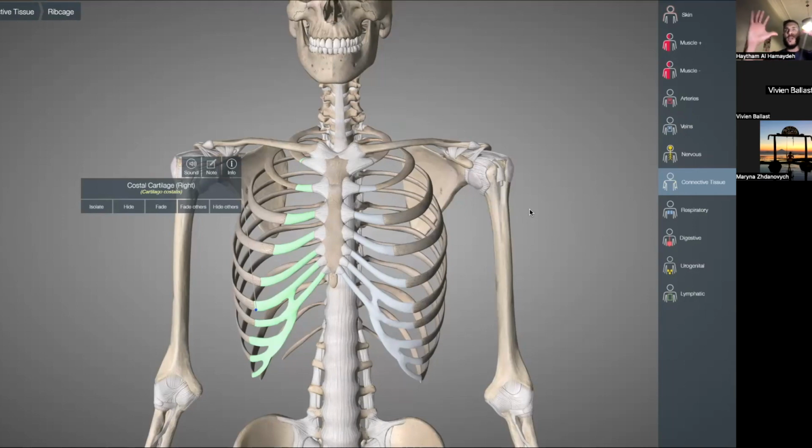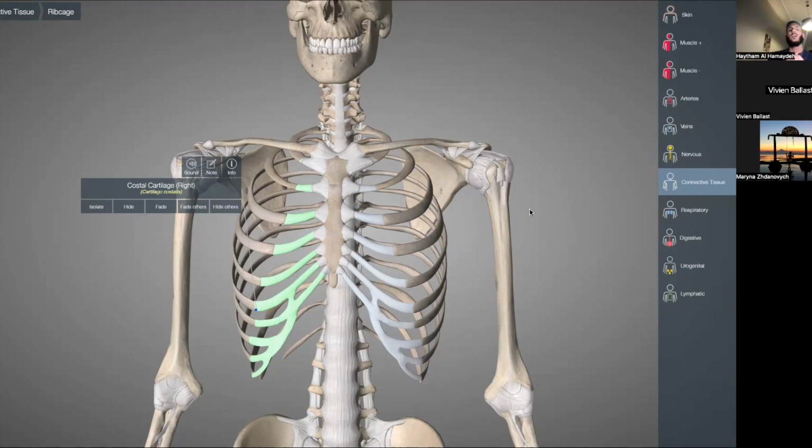These 12 pairs of ribs are divided into groups, and it's very important for us to know those groups. Those groups are two: the true ribs and the false ribs.